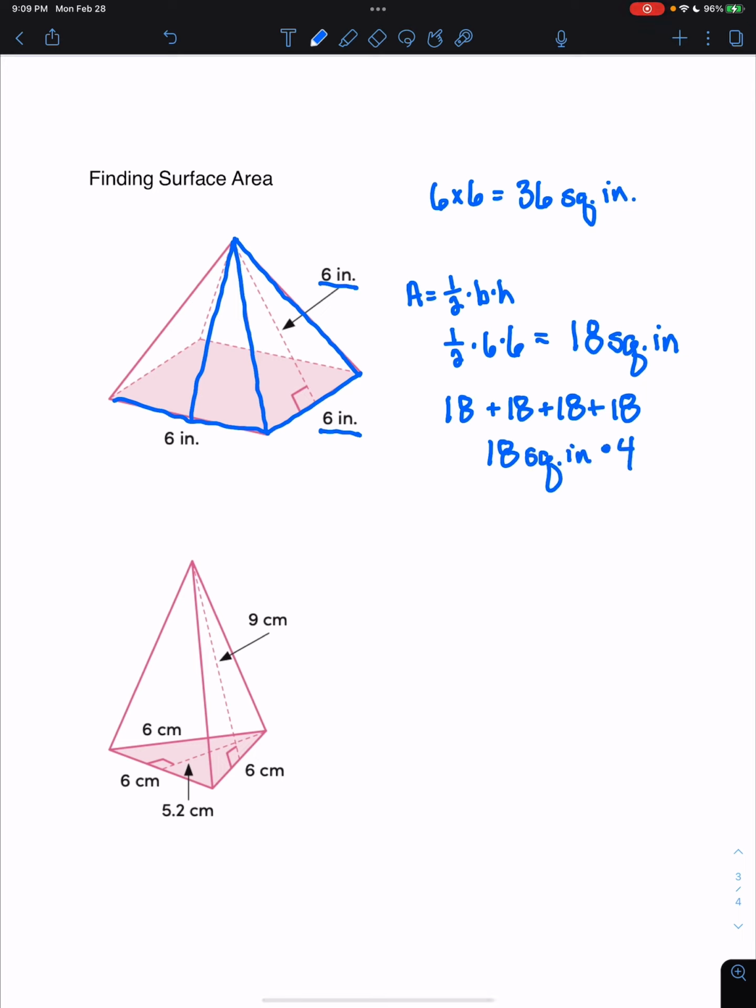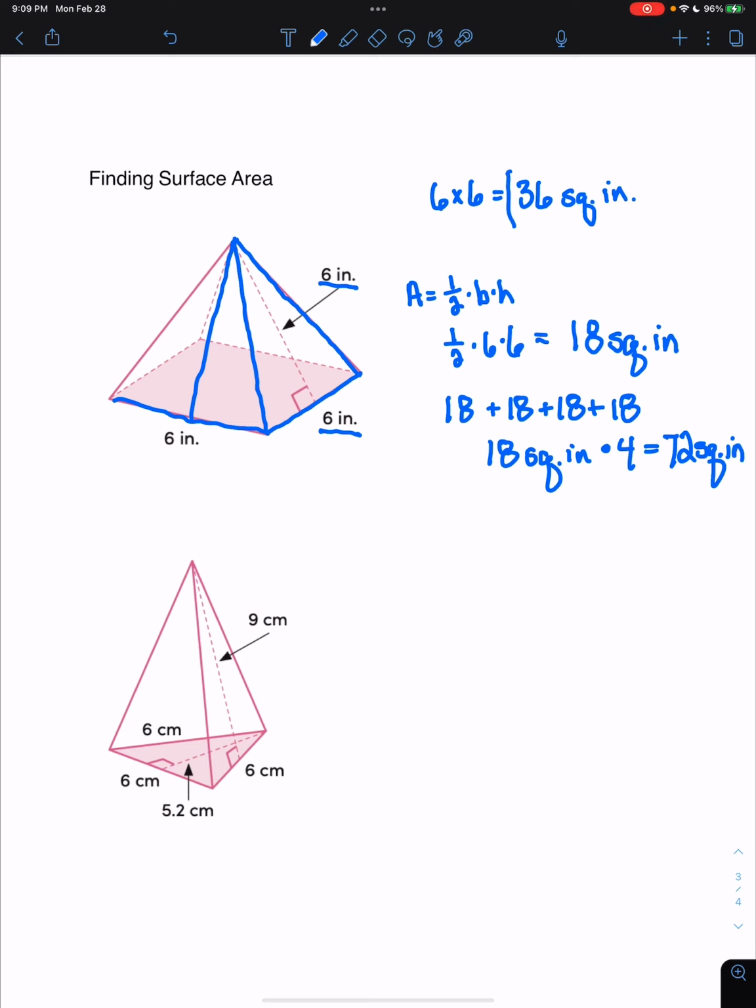times 4. And this time I'm getting out my calculator because I don't trust my brain when it is late at night. So let's see, 18 times 4, and we get 72 square inches.